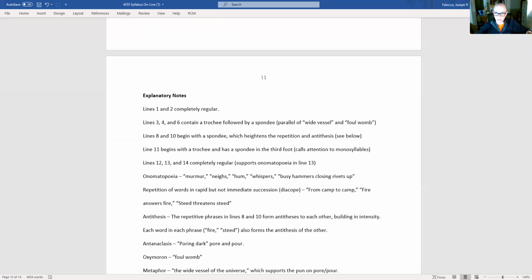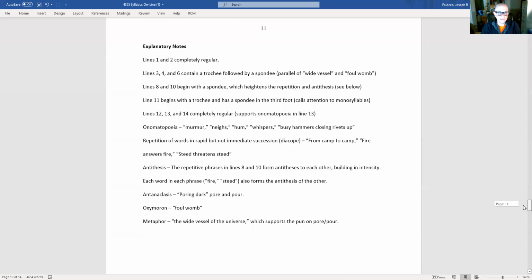And B, as Humbert Humbert says to Lolita, life is very short, and we don't want to waste our time in a spitting contest about whether a given figure is ploche or diacope. Nevertheless, I believe this to be diacope: "Camp to camp, fire answers fire, steed threatens steed." So, rapid but not immediate succession. If the words are right next to each other, "camp, camp, fire, fire, steed, steed," that is epizeuxis. You don't have to know that, but I will tell you when I know.